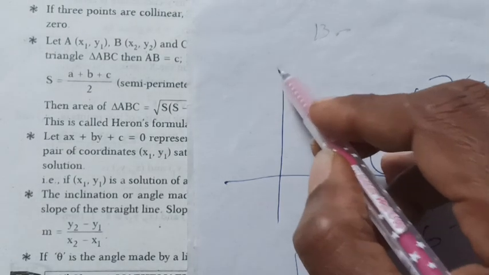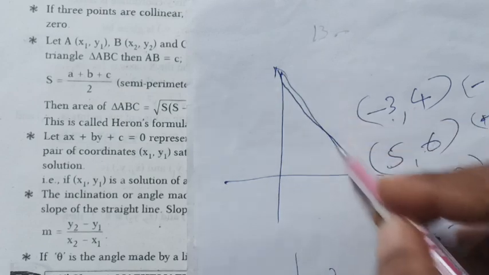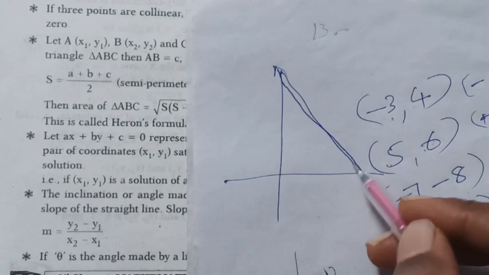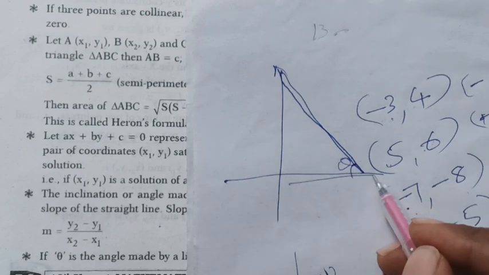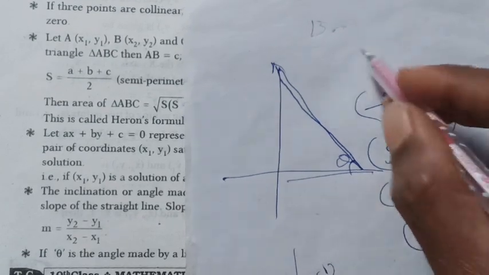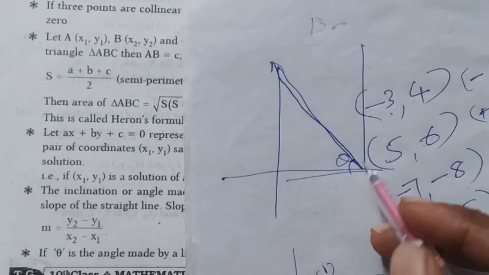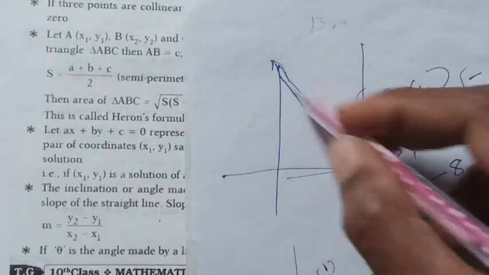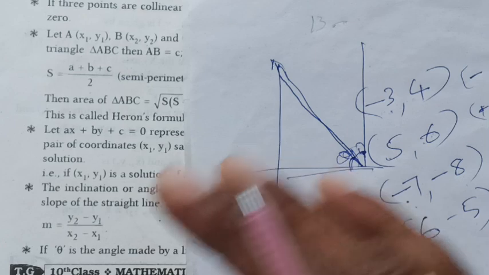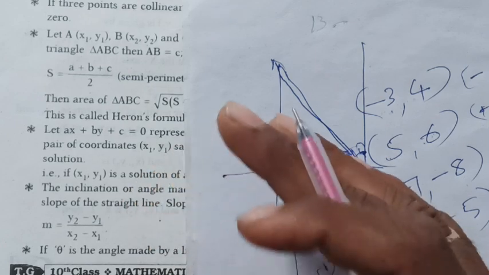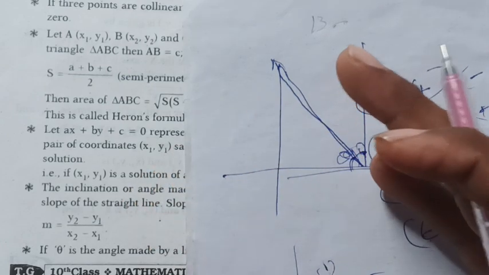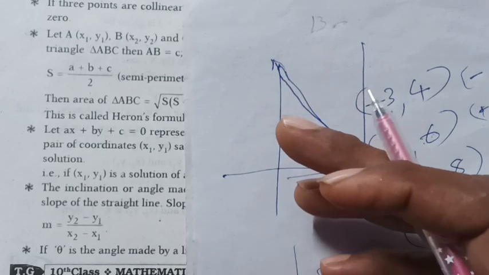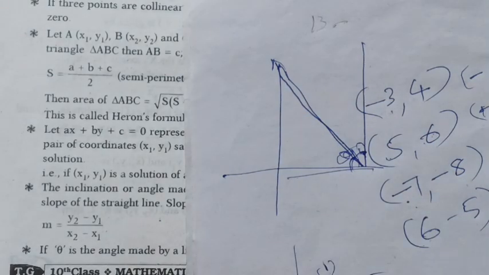This line makes an angle with the x-axis. If it is straight, it makes 90 degrees. But when there is a slope, it is not straight, it makes some angle. So that is called the slope.